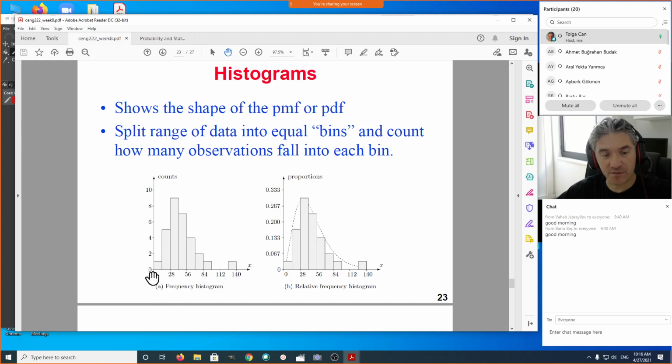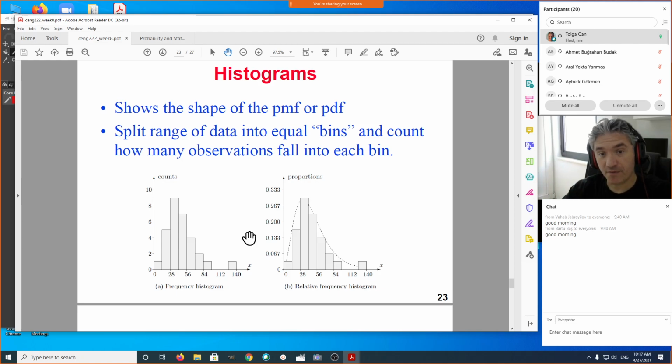For example, if your data can take values between 0 and 150, we have to first divide this range 0 to 150 into equal size bins. And the bin size really is important when you're drawing a histogram. There is no rule of thumb for determining bin sizes. You can try different bin sizes.